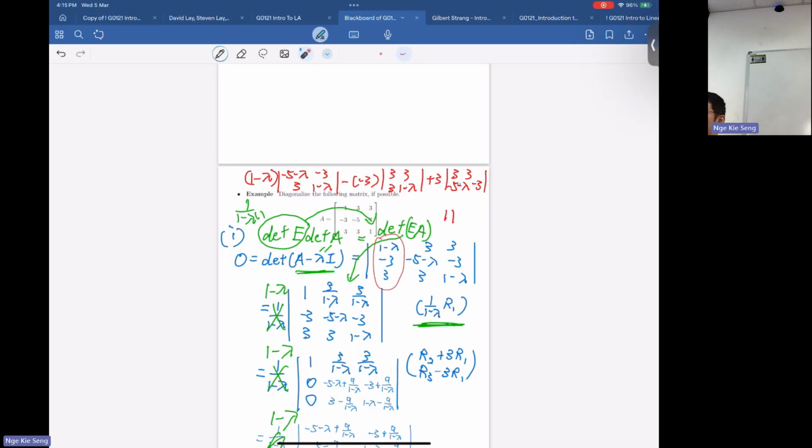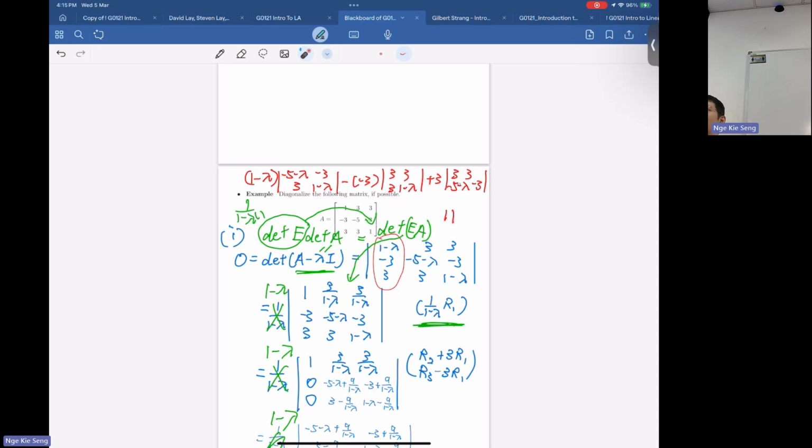If you use it and your answer is wrong, I don't think I'll give you any mark, because we never taught that before, unless we prove that formula from the cofactor expansion. Otherwise, please don't use the 3 by 3 formula.